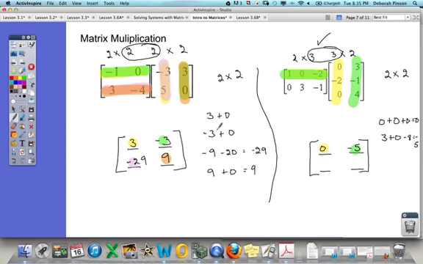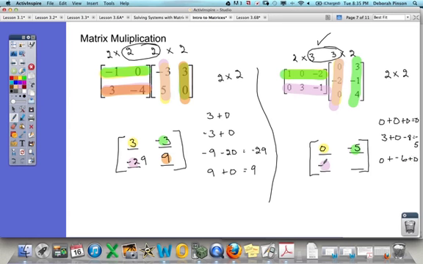And then I'm going to keep doing this for my other 2. Alright, so if I do this third element here, second row, first column, and then I'll go through in my process. So 0 times 0 is 0, negative 6, and 0.